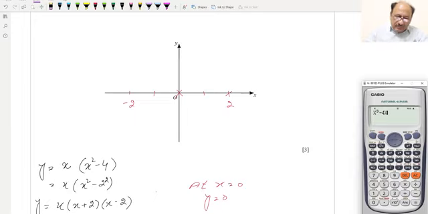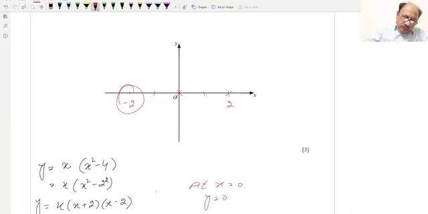Now for x is equal to minus 2 we know it is 0. So we will take another value on this side, for example minus 2.3 or 2.1 or something like that. So we will be taking any value on this side.